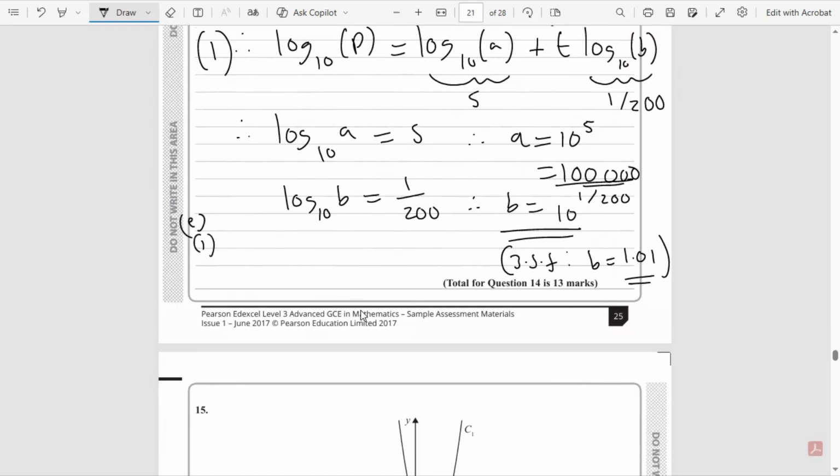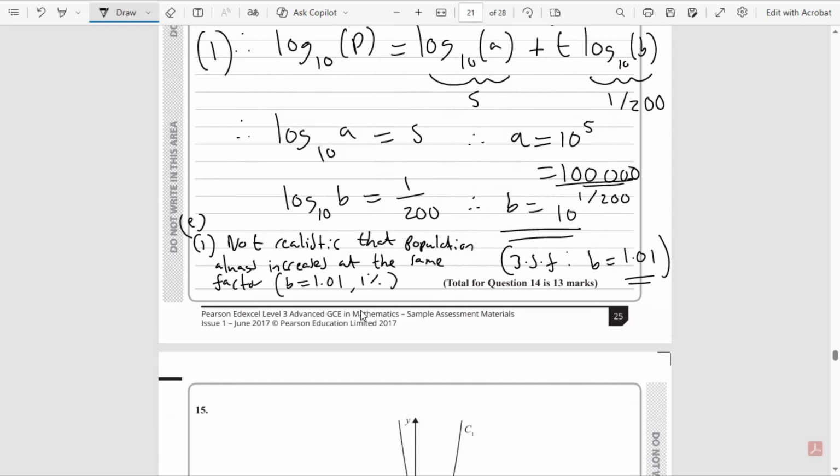So my reason 1 is it's not realistic that the population always increases at the same factor, b equals 1.01, which is a 1% increase per year, factor per year.